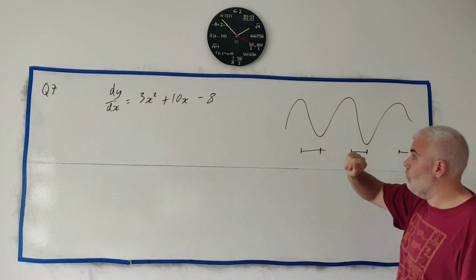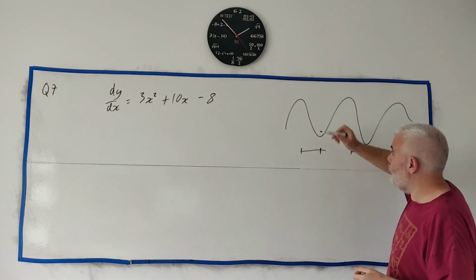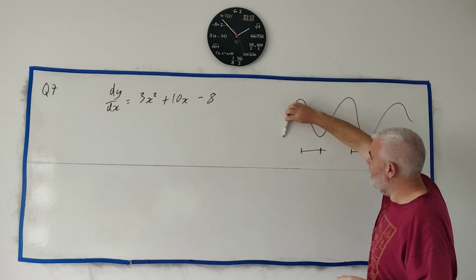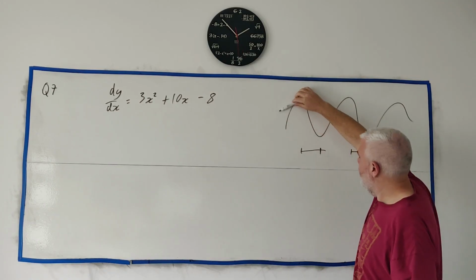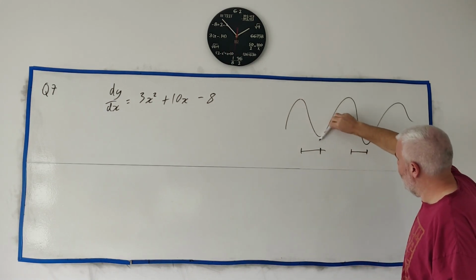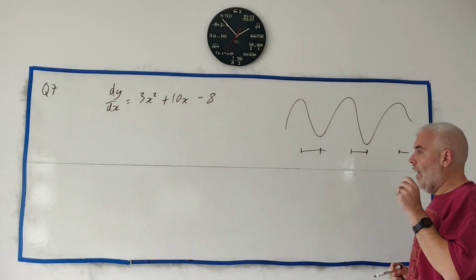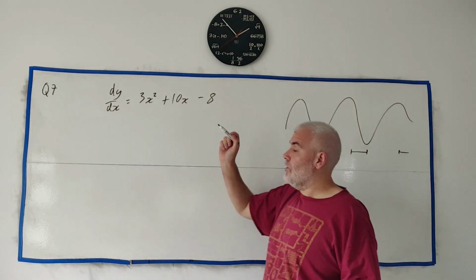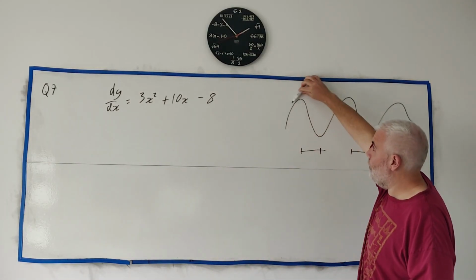But think of what the derivative tells us. The derivative tells us about the slope. The slope at this point is here, the slope of the tangent, that is. So it tells us about the slope of this line that my marker is making as I go along this curve. And when dy/dx is greater than 0, it's going up.